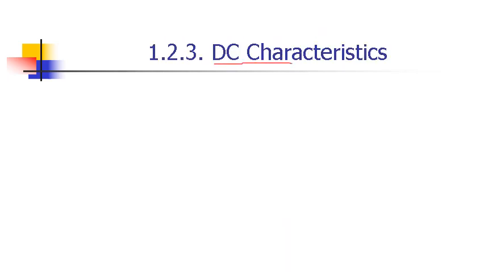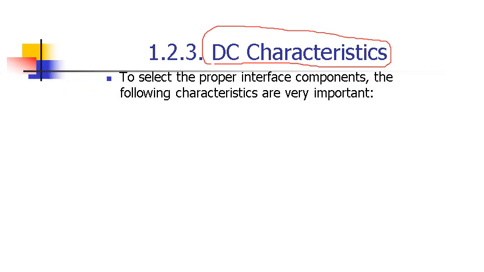Now, a little bit more about the DC characteristics. The DC characteristics of the processor should be known for enabling us to interface different components.